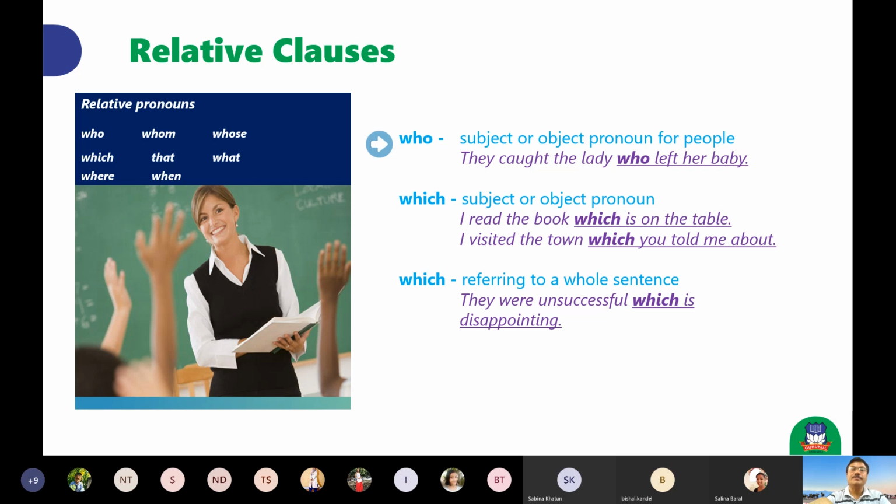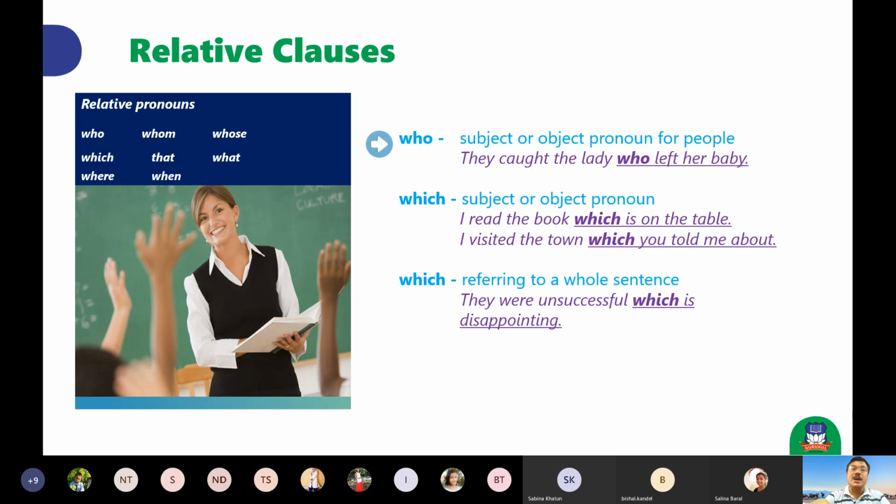Okay. So which is on the table: which is a relative pronoun here, and "which is on the table" is the relative clause, and which refers to the object, book. The book is described here, so just after the book, which is on the table is there.